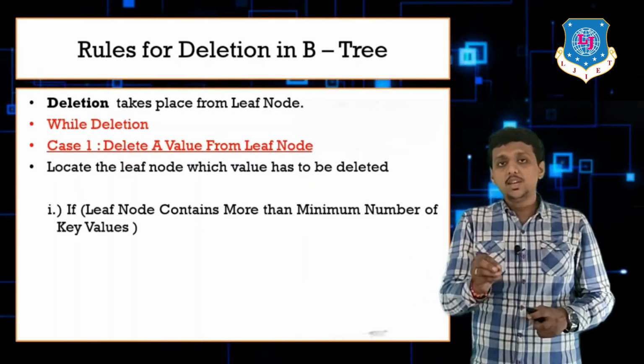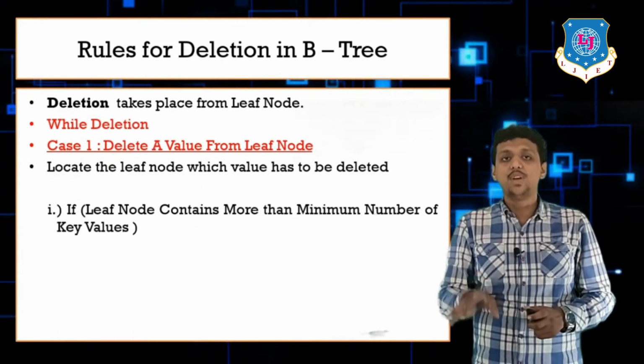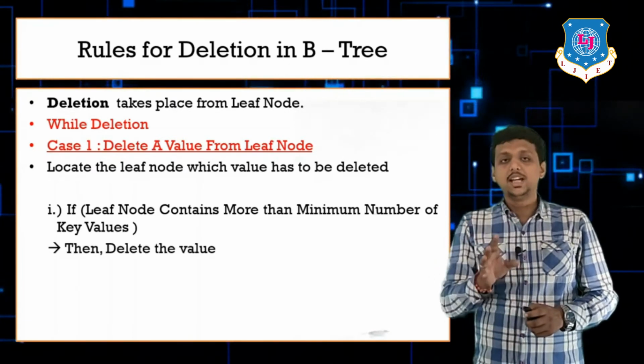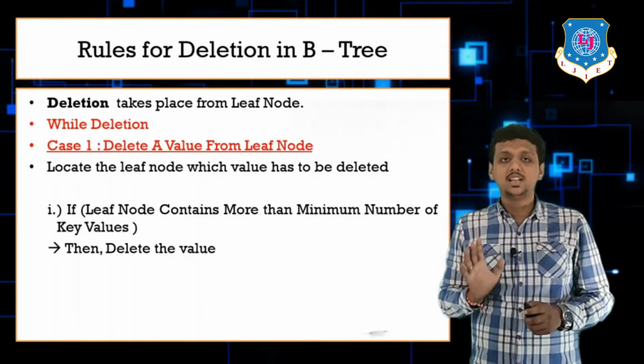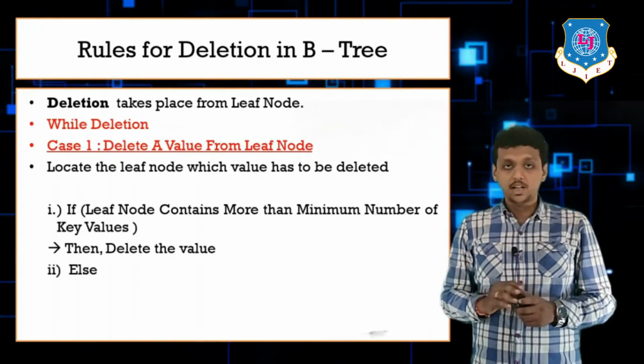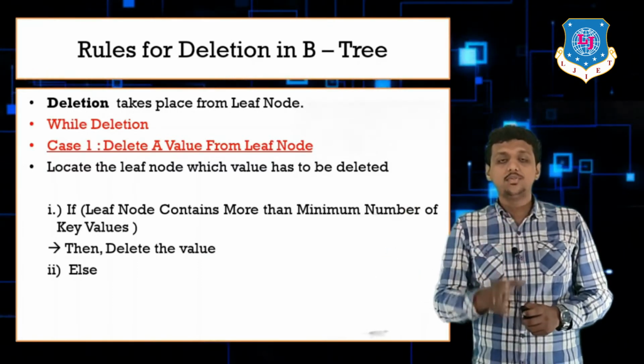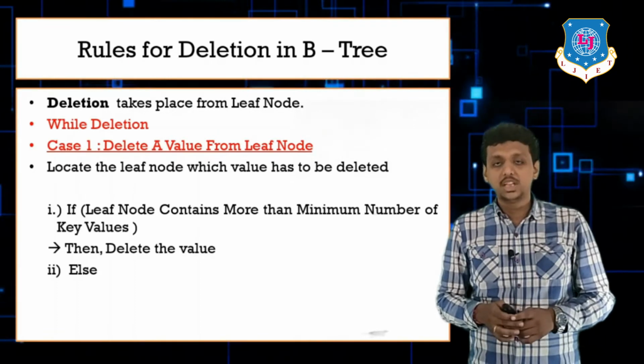Fine. So if your leaf node contains more than the minimum number of values, then you just need to delete that value from the leaf node. Okay. Now about the else part. Suppose our leaf node does not contain the minimum number of key values.